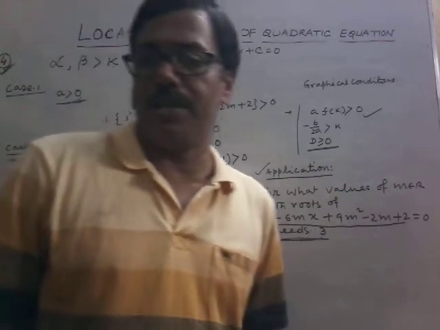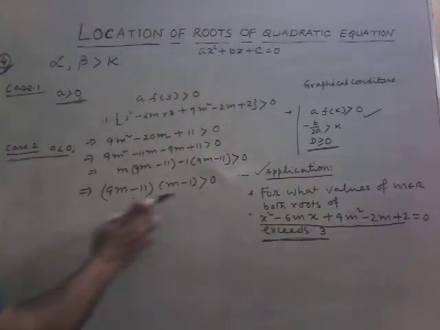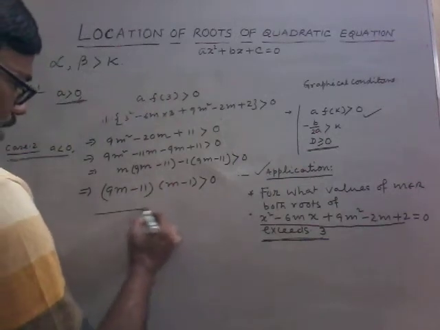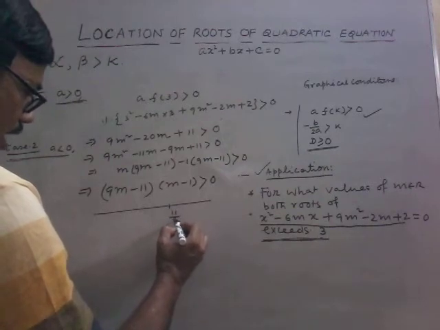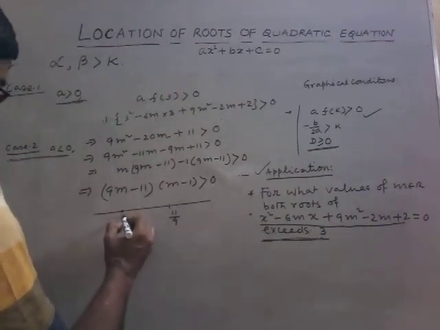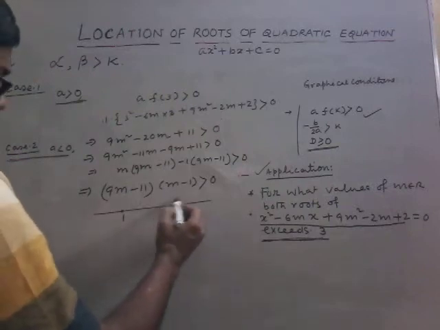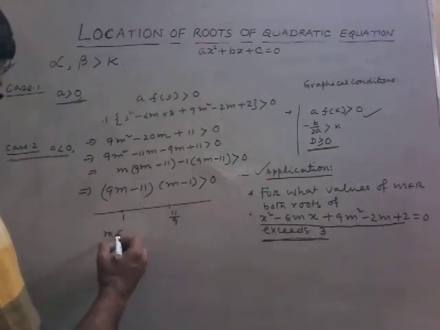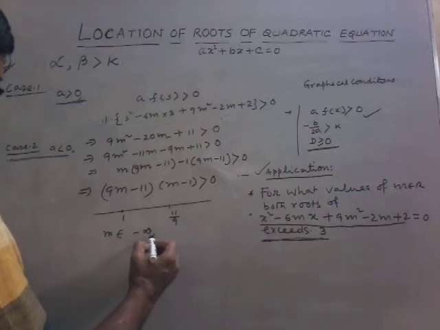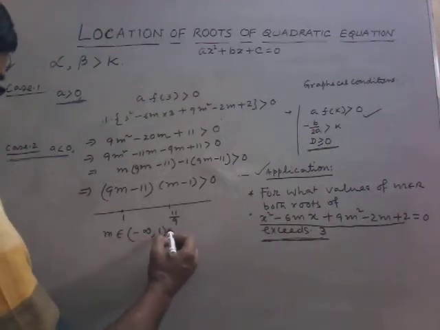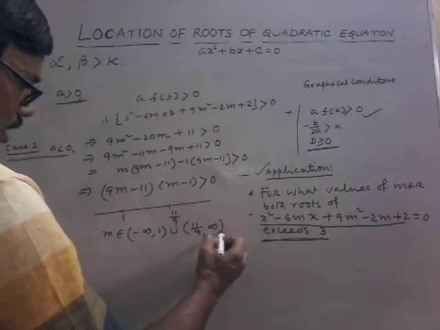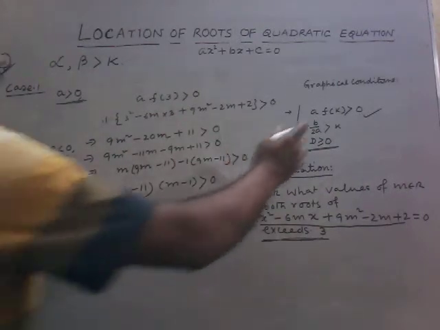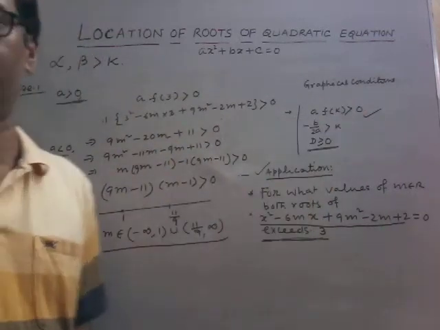We have already discussed that for a greater than inequation, the values lie outside the interval. So this is 1 and 11 by 9, which is greater than 1. So outside the interval, m belongs to minus infinity comma 1 union 11 by 9 comma infinity. So from a into f(k) we get this result.